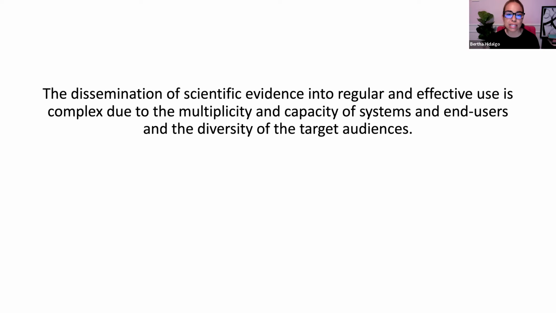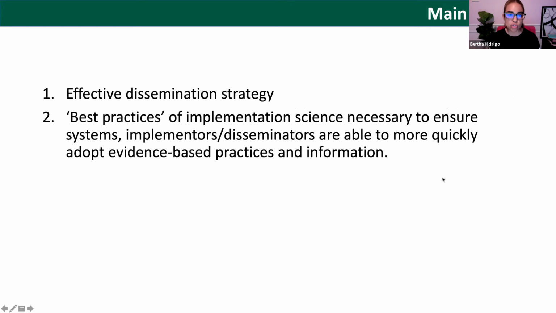And that really the dissemination of scientific evidence into both regular and effective use is really complex because there is just this multiplicity and lack of capacity in our systems, but also the end users. And there's such a diversity of target audiences that it's really important to be very intentional about the work that we do at the outset so that we have a plan going into the phase where we're going to be disseminating. And so before starting, what you want to ensure is that you address some of the main challenges.